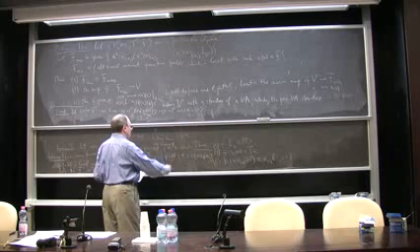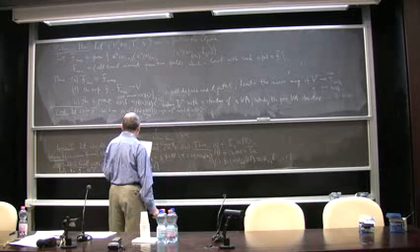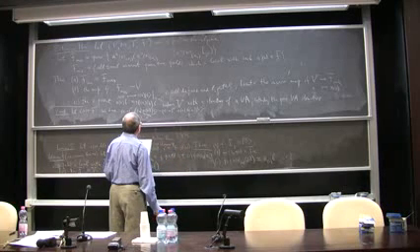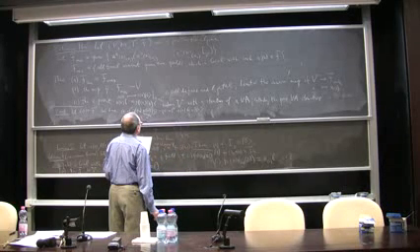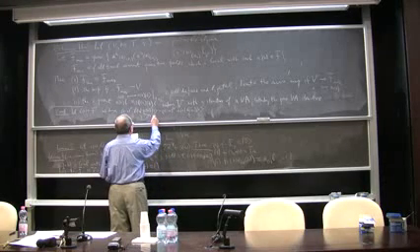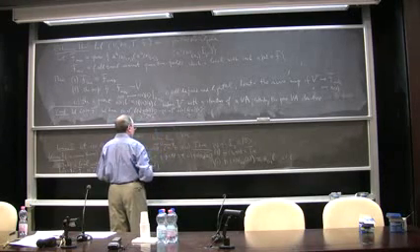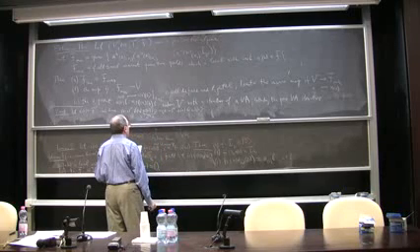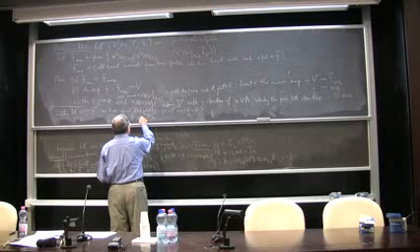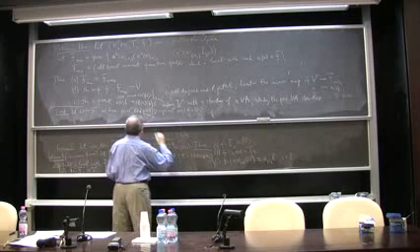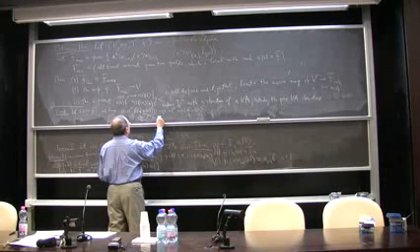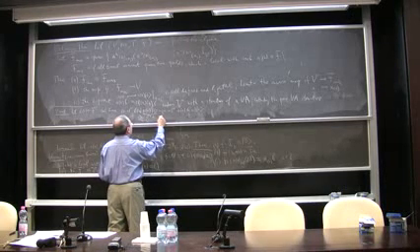Otherwise you even wouldn't be able to apply it. Here A is the state corresponding to A, which is zero by condition one. So the left hand side is zero.